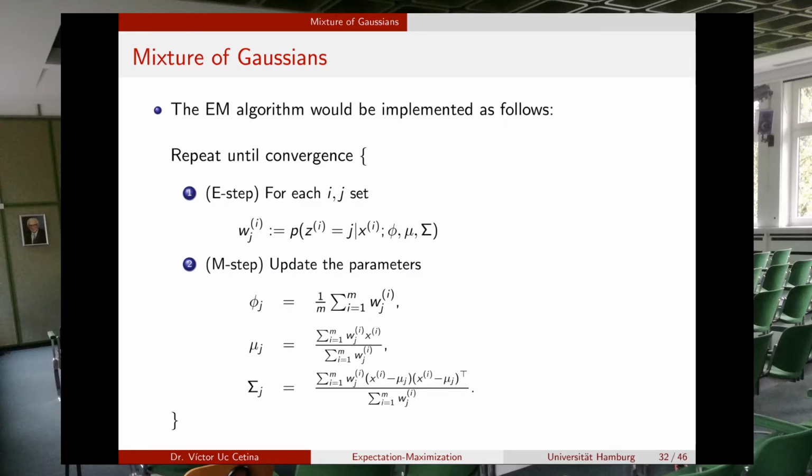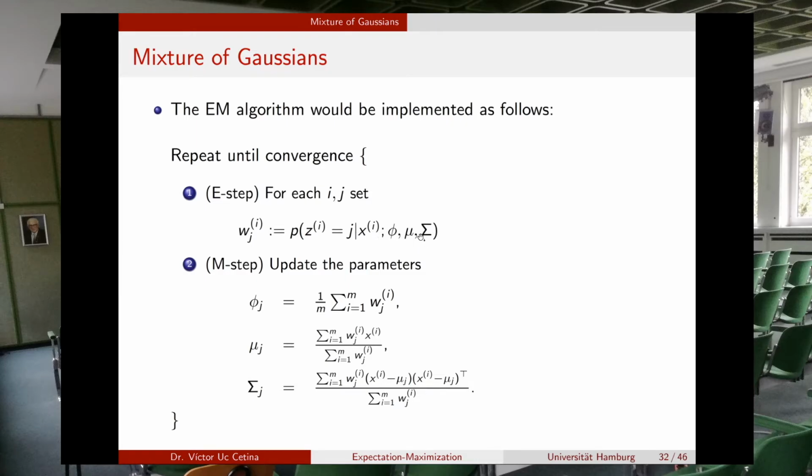So the algorithm is this one for mixture of Gaussians. In the E step we will assign values to w. You see here that for every cluster, for every j, and for every point you will have a probability, which is the probability that the group the example i belongs to is the group j, or the cluster j, given the value of the input vector and our parameters.